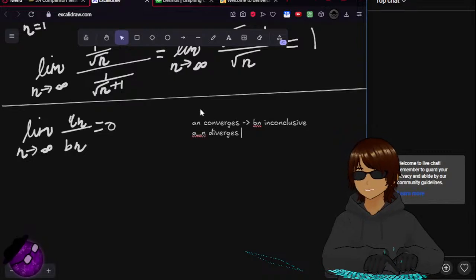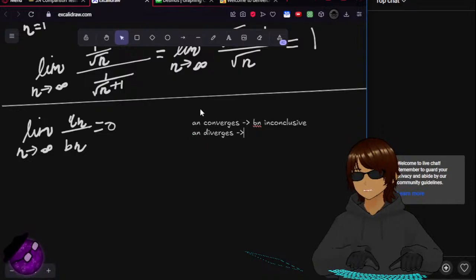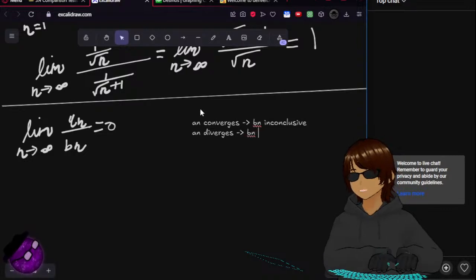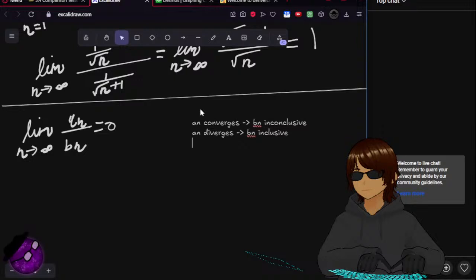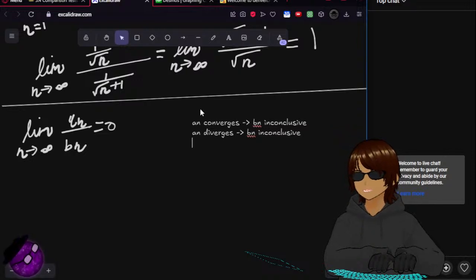If an diverges, it all depends on bn, right? Inconclusive, because it's possible that if an diverges, then bn can either diverge or converge.